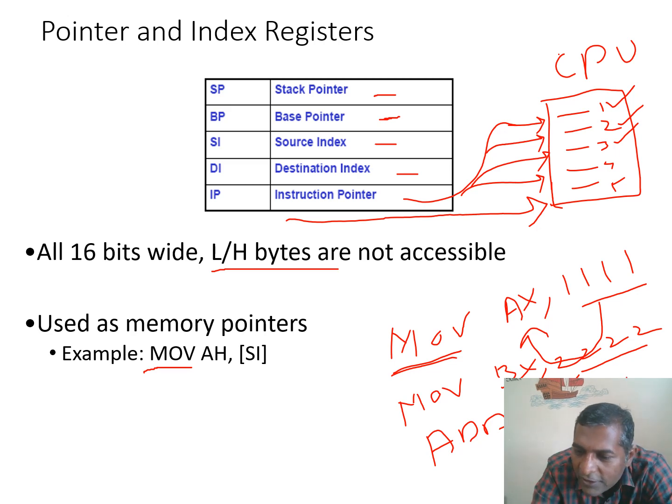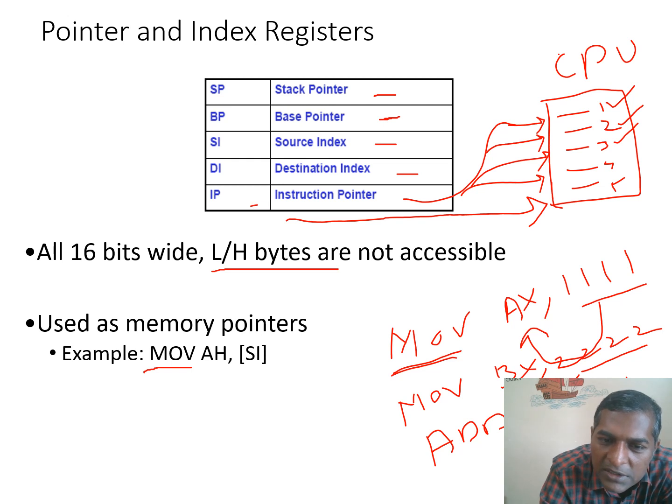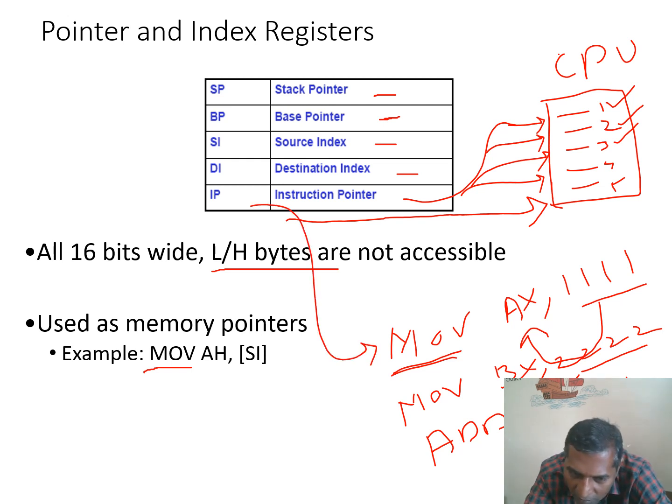This will add the information from BX, so 2222 will be added to 1111 and the final result, 3333, will be stored in the AX register only. This is how a small program will be executed. The instruction pointer will start pointing to the first instruction, then the second, and so on. It's a generalized idea, just for understanding.